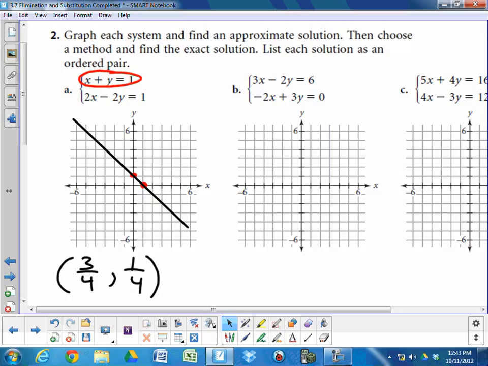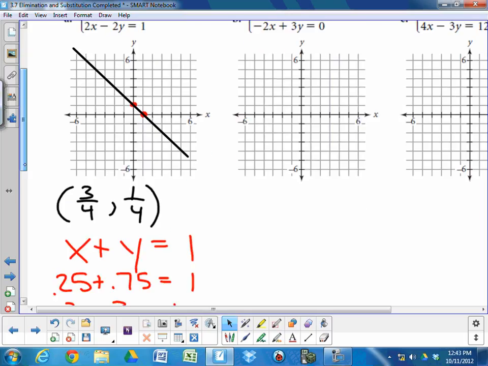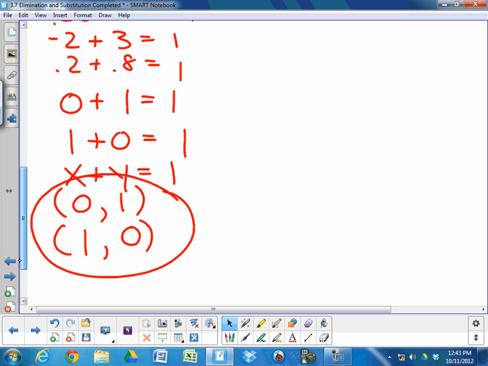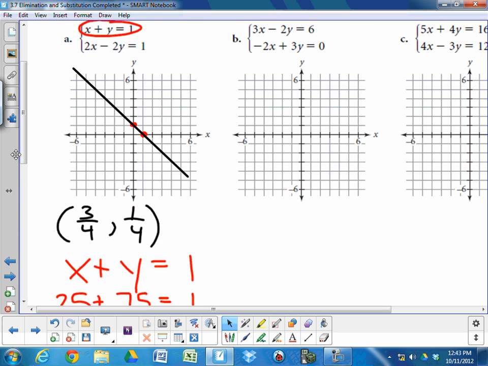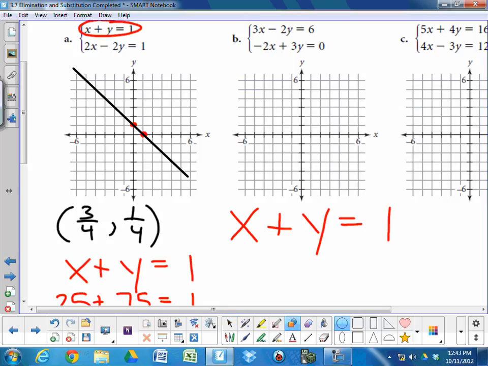So it's also known as the cover-up method because it could involve covering up x or y. Here's what I mean by that. Let's rewrite it again over here. x plus y equals 1. The two-intercept method really involves substituting 0 for x and finding y. But when you substitute 0 for x, you're doing what's called covering up x.